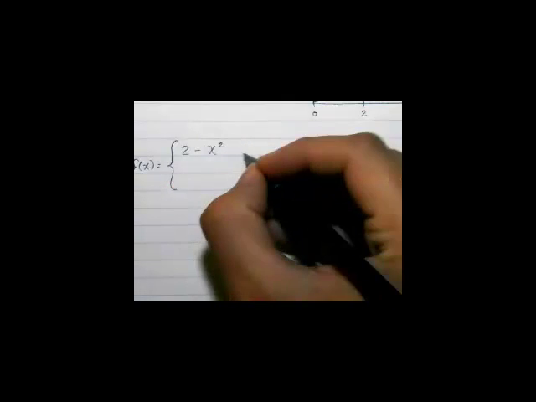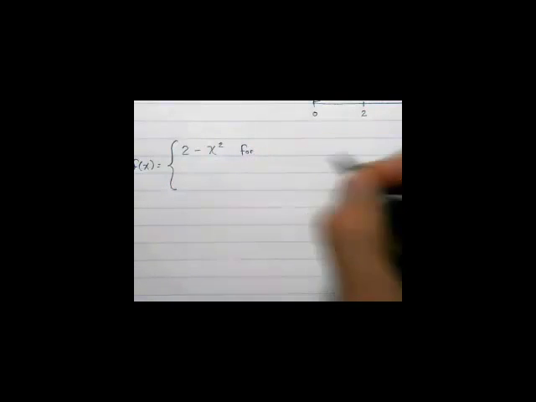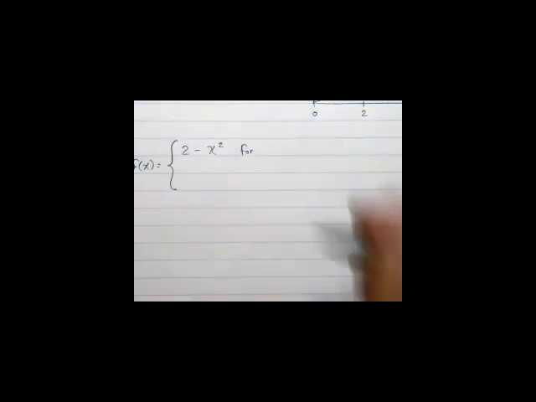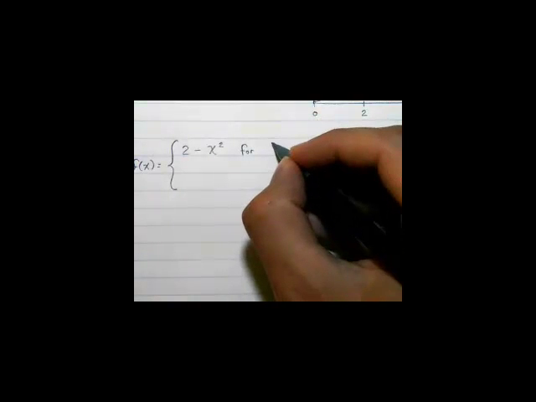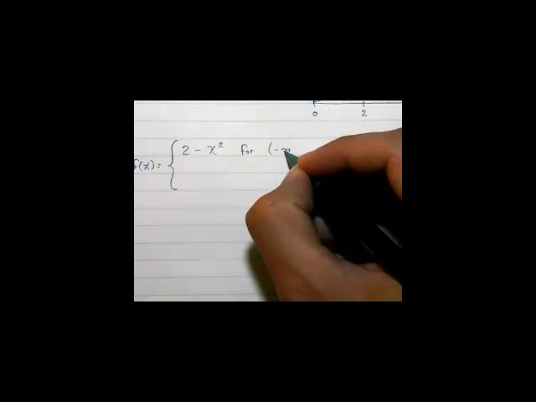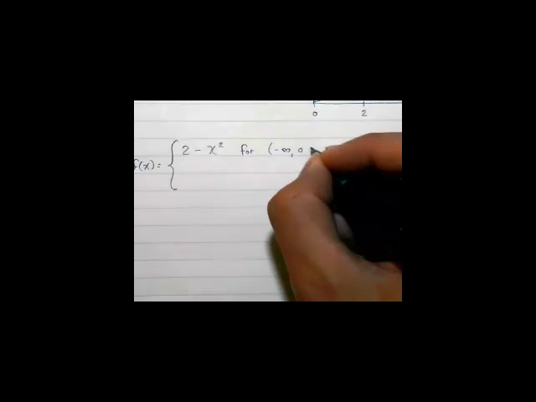I'll try and make this one a little bit more difficult and see if we can produce a graph. And then I'll have you go the other direction with it. Okay. So let's do 2 minus x squared for negative infinity to 0.